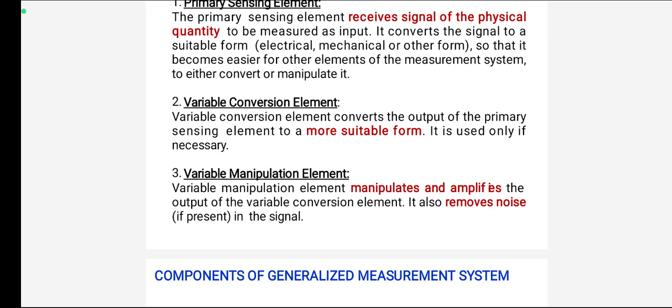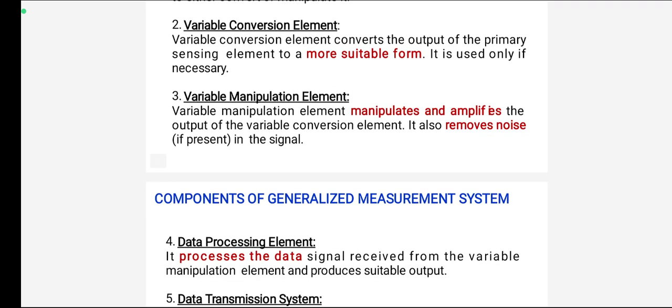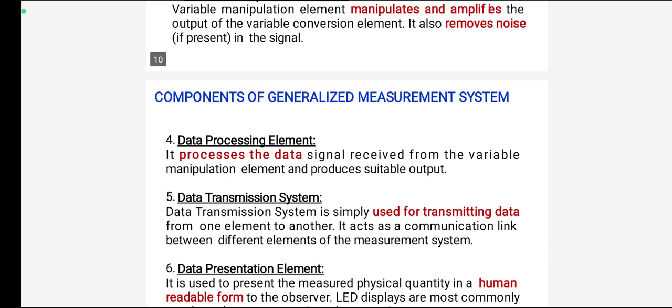Next one, the variable manipulation element. The variable manipulation element manipulates and amplifies the output of the variable conversion element. It also removes noise in the signal. Fourth one, data processing element. The data processing element receives the signal from the variable manipulation element and produces the suitable output.